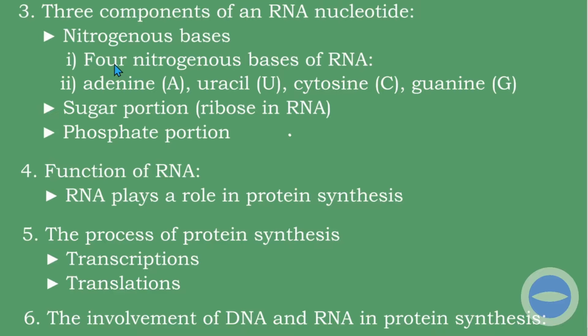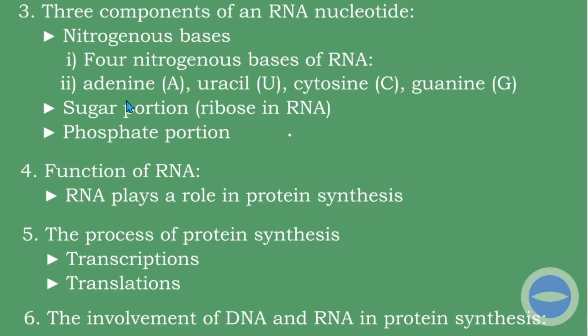Both contain 4 nitrogenous bases, but with RNA, we've got adenine, uracil, cytosine, and guanine. So instead of thymine, RNA has uracil. So that is another difference between DNA and RNA. One contains thymine and another contains uracil.